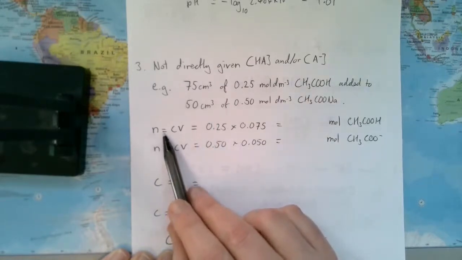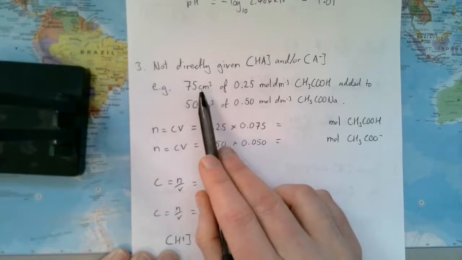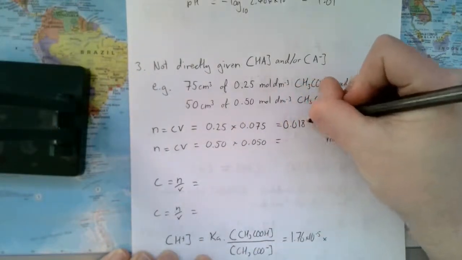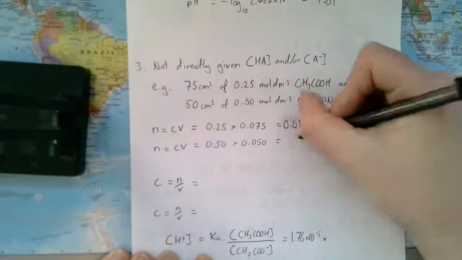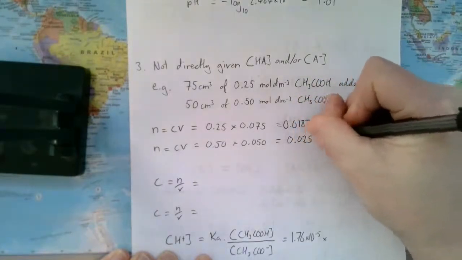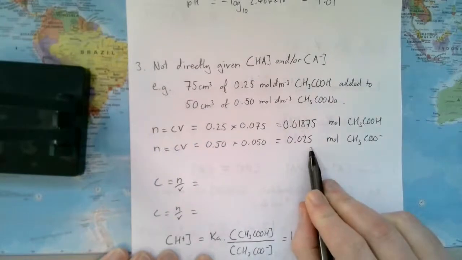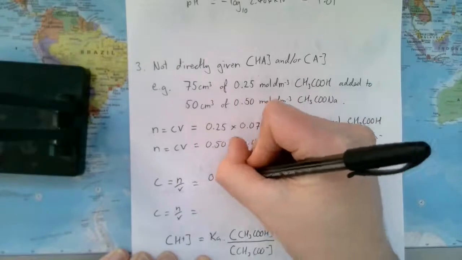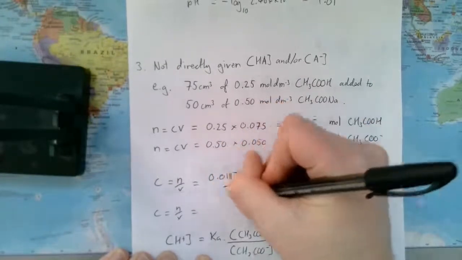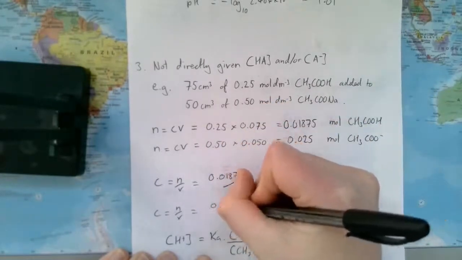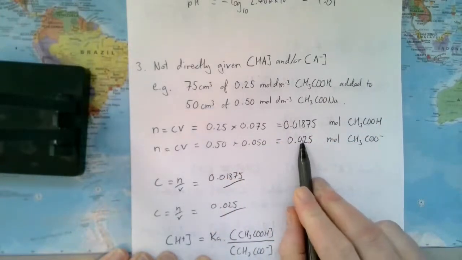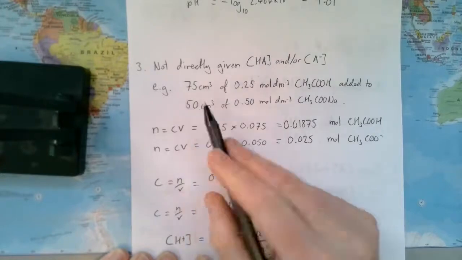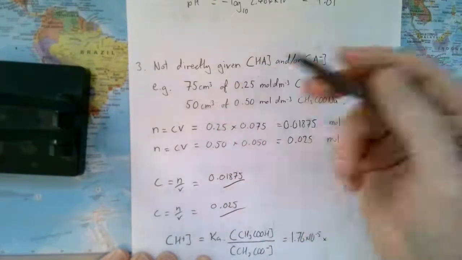So, for ethanoic acid, concentration times volume from the values that we are given gives us 0.01875 moles, and for the sodium ethanoate 0.025 moles. Now we can work out what the concentrations of this new mixed solution are. We'll take the two values we've just calculated, and the new total volume is going to be 125 centimetres cubed, 50 plus 75.